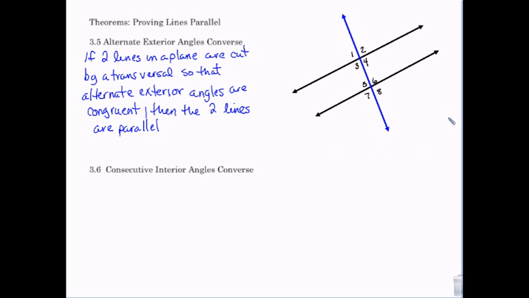Okay, and if you remember, alternate exterior angles are on opposite sides of the transversal on the outside of the two lines. So what we get is if angle 1 is congruent to angle 8 and angle 2 is congruent to angle 7, then line A is parallel to line B.